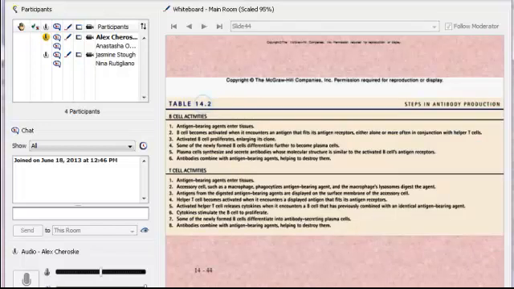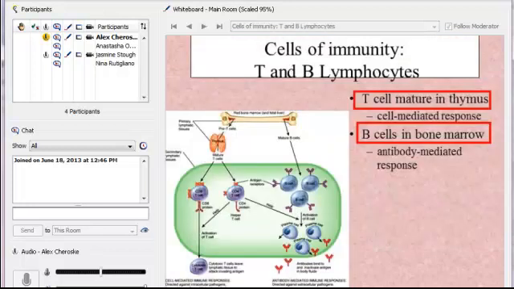So right here comes your book. It describes some of the things that T cells and B cells do, and how you remember the differences that we're talking about. This shows all together what's going on with our T cells and B cells. They both originate in the bone marrow at the very beginning. The T cells are going to mature in the thymus, and B cells are going to mature in the bone marrow.